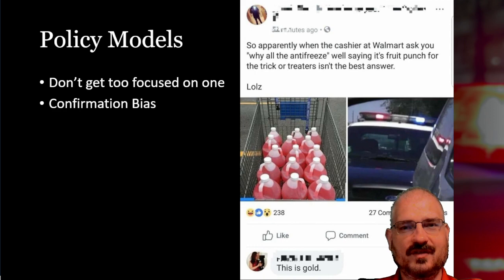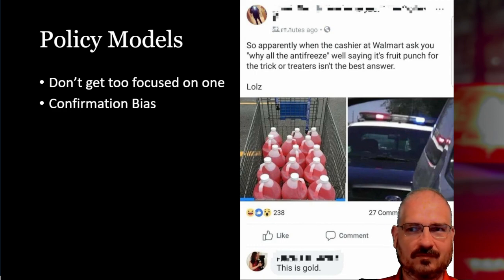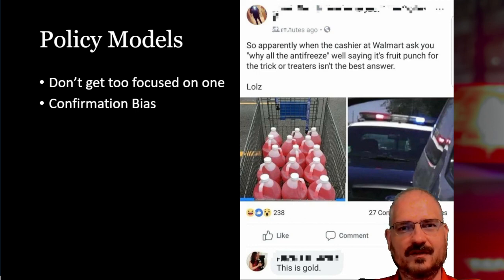These aren't etched in stone. These aren't legal requirements that one of these has to be true and all of the others are false. Honestly, they're all useful in different situations as a mental model to view how different types of policies are either passed or not passed.